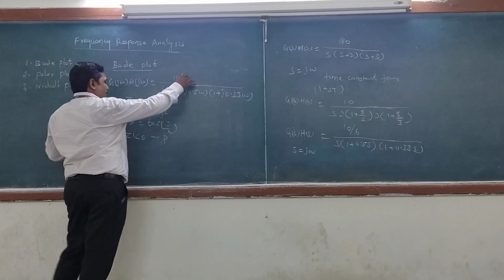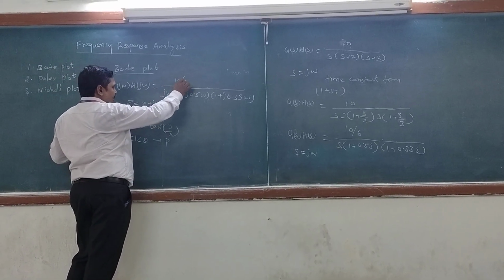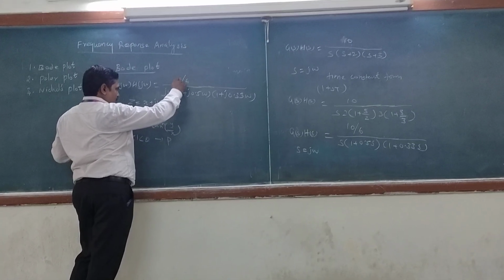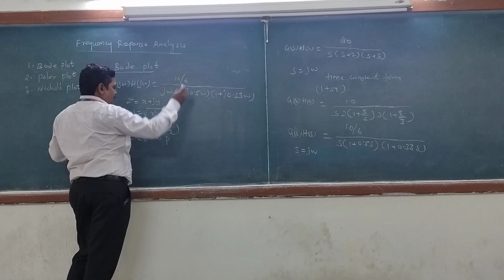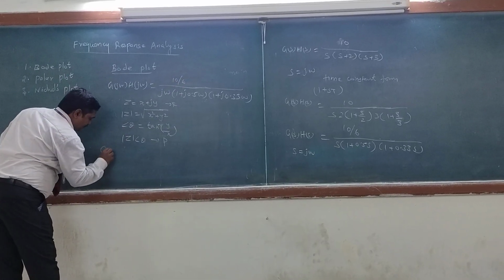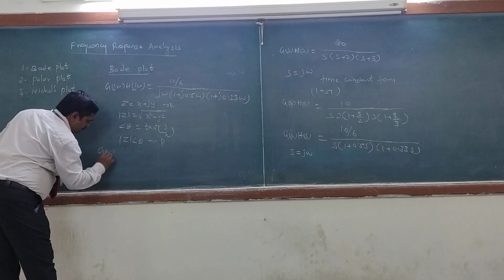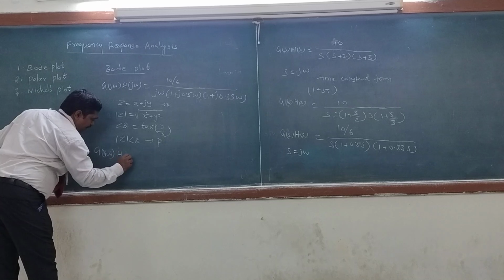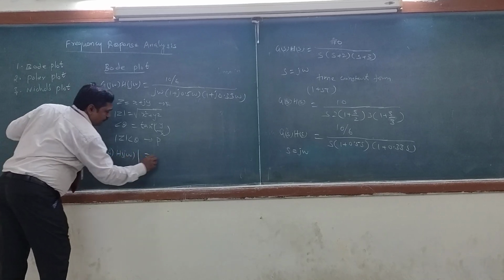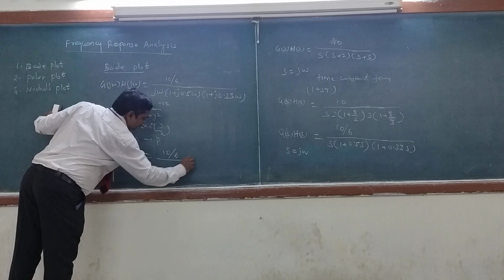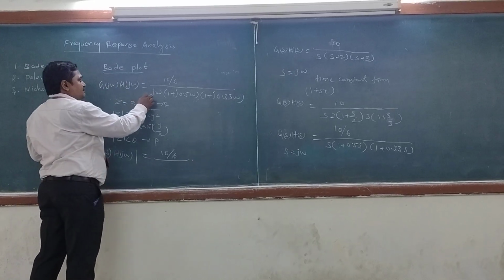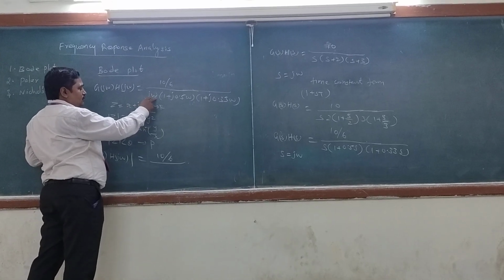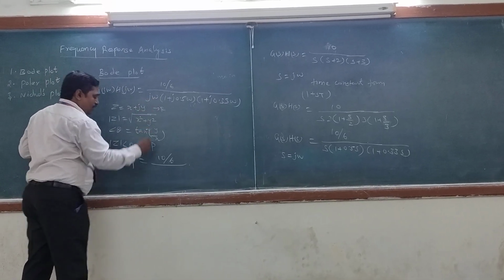In the numerator there is no imaginary term, only a constant real term. Take the square and then apply the square root, so you get the same value. So modulus of G(j omega)H(j omega) is equal to 10 by 6. For this term, x will be 0, that is the real term will be 0. Then square omega, then taking the square root, you get only omega.